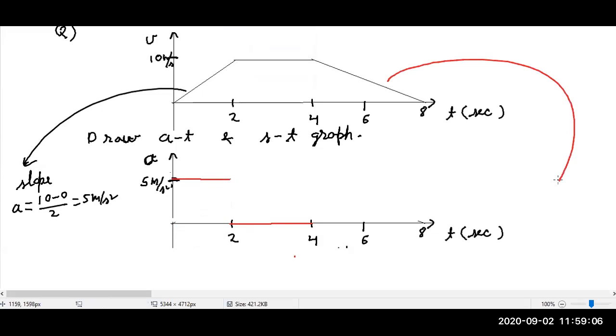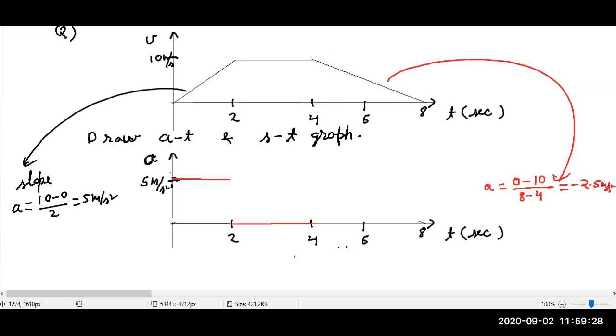and then for the third part we need to write the acceleration. The slope we need to find. So the velocity is changing from 10 to 0. Final is 0, initial is 10, divided by how much time? 4 to 8. So that will be minus 2.5 meter per second square.